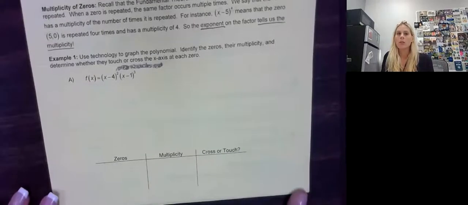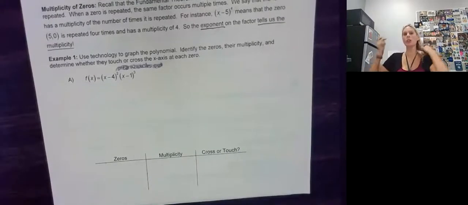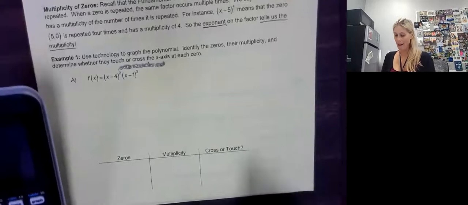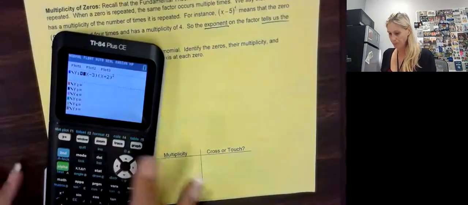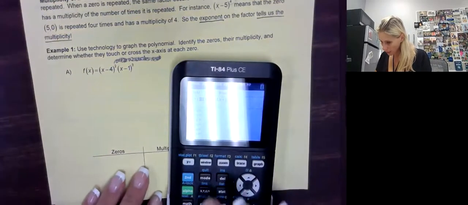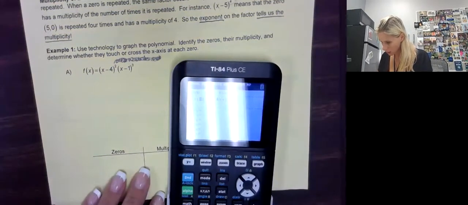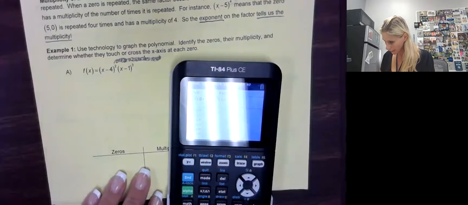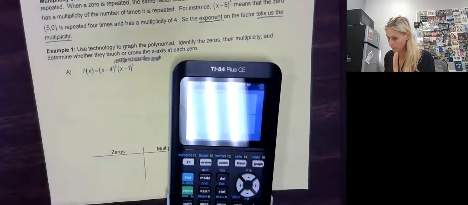Okay. So example 1 here. Use technology to graph the polynomial, identify the zeros, their multiplicity, and determine whether they touch or cross at each zero. All right, let's put this in here. So x minus 4 squared times x minus 1, that's cubed. Graph.